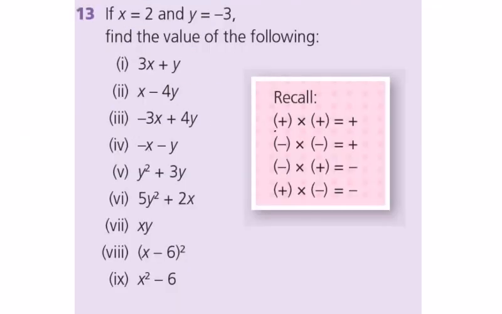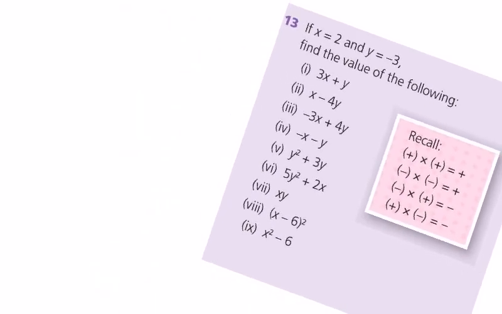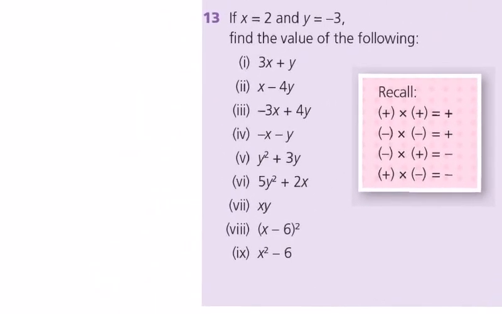They're giving you some tips here. When we have a positive by a positive, we get a positive. Negative by negative is positive, or 2 minuses. 1 minus here will be negative, and again 1 minus will be negative. So we have 3x plus y. So I'm going to write 3 bracket plus bracket, and then I'm going to just double check. x is 2, y is minus 3.